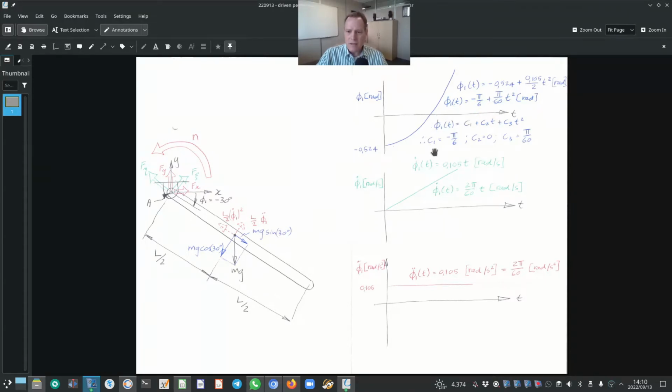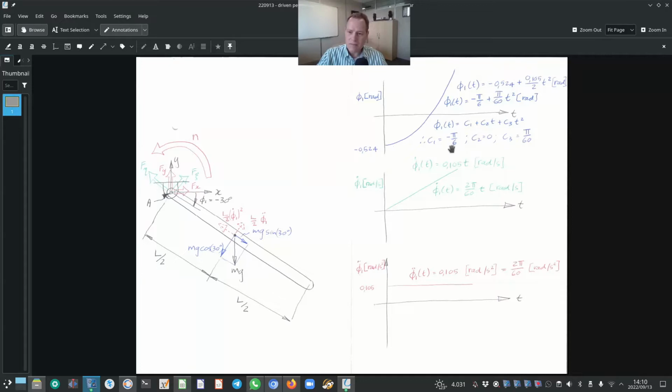So another way of, and you will see in a minute why I'm including this portion over here, we can say phi 1 as a function of time equals c1 plus c2t plus c3t squared. And it's very easy to then derive the equations given here at the bottom, or the expressions.